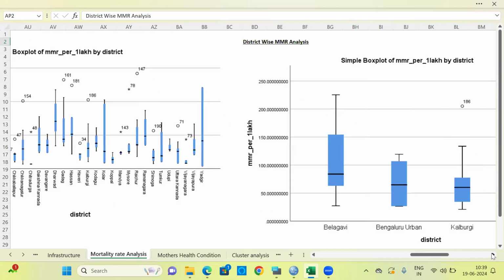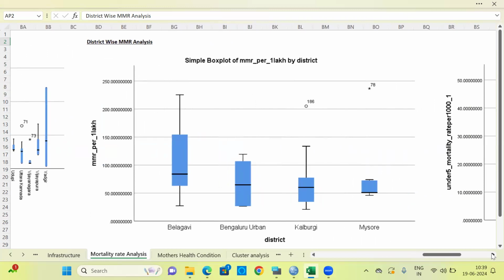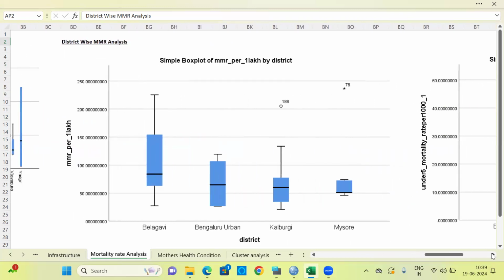Let's do one more analysis on this. This is the district-wise MMR analysis broken down by the headquarters. Clearly, the average is the highest for Belagavi, which means that the district with the highest MMR per 1 lakh is Belagavi. When you look at Mysore, Mysore is doing relatively well because the MMR is on the lower side.